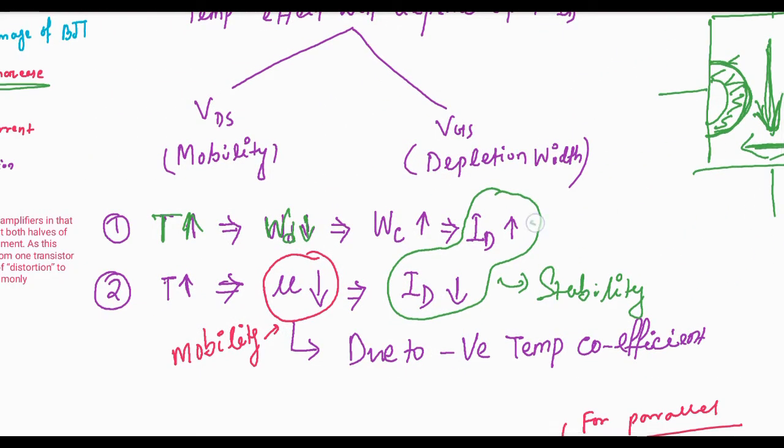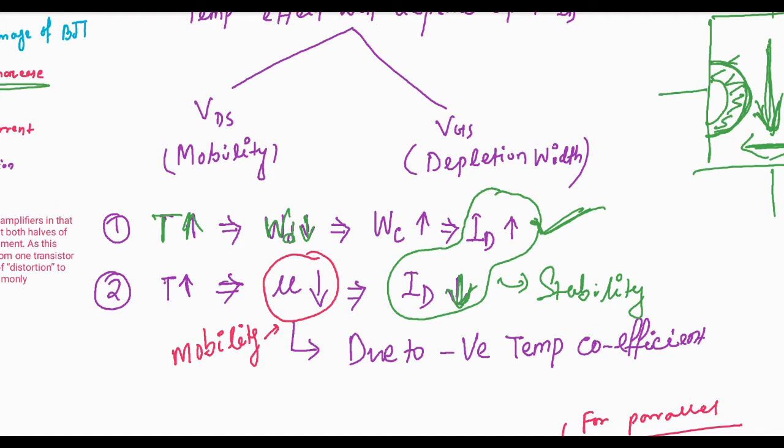This is the first case, and in the other way, when temperature increases, mobility decreases, as FET has a negative temperature coefficient. So what will happen? Again ID decreases. So ID is affected by temperature in two ways.